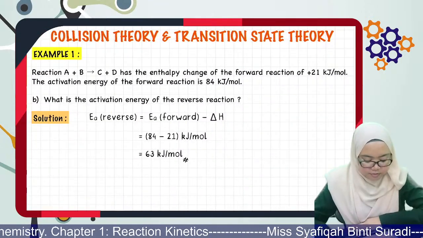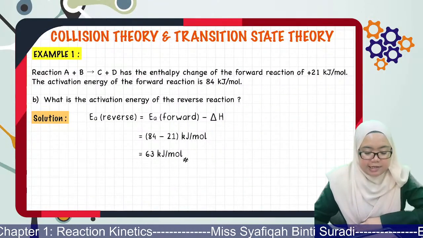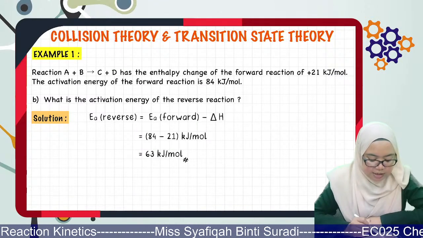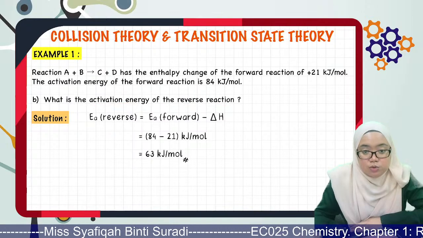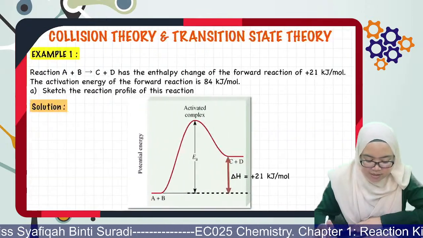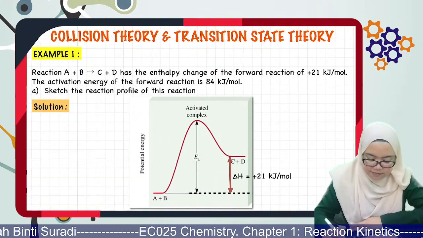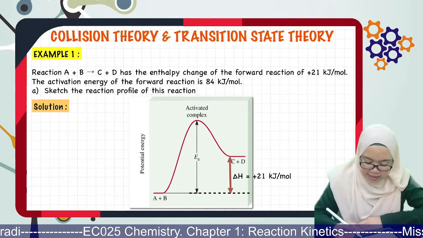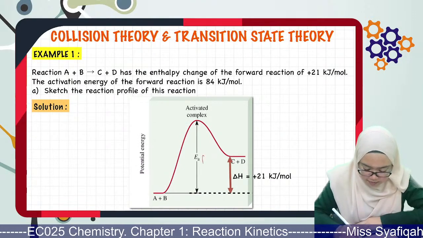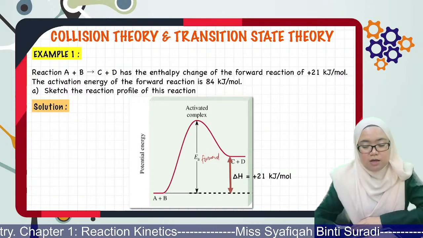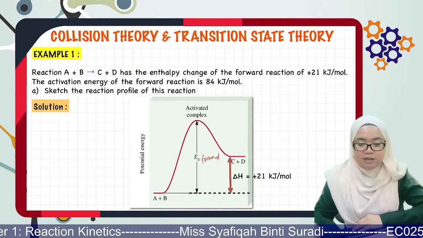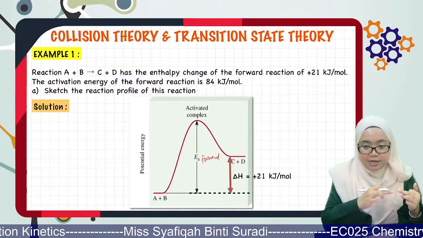Now B, soalan minta kita cari activation energy untuk reverse reaction pula. So untuk reverse reaction, kita tengok balik gambar ni. Okay, kat gambar ni kita ada EA forward, okay, dengan delta H. So untuk EA reverse means daripada product pergi balik pada reactant.